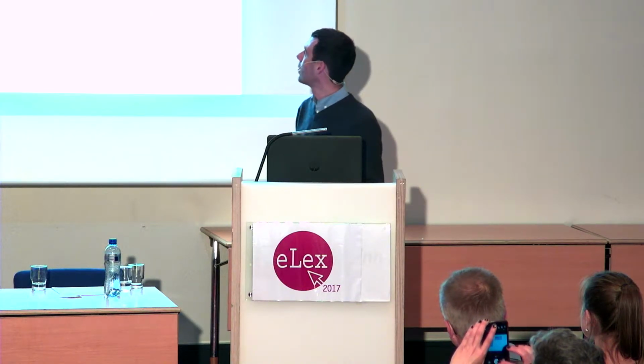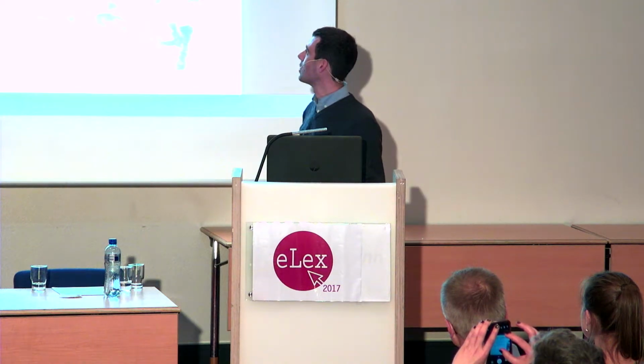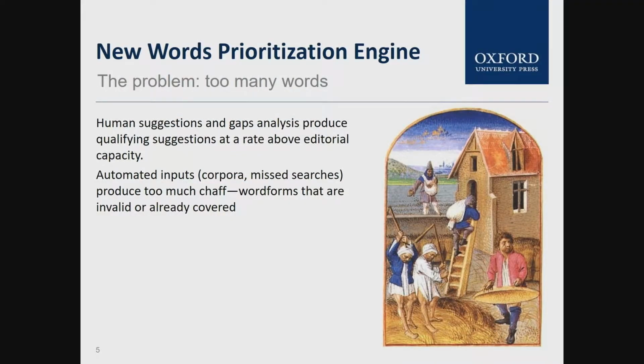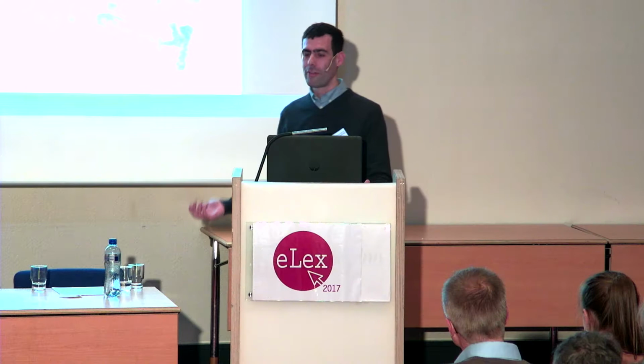And what I'm going to talk about here is the NWPE, which is the New Words Prioritization Engine. We have an issue for English, but also for other languages, where we have too many words. People expect us to have the latest vocabulary in our dictionaries, but we can't cover everything.